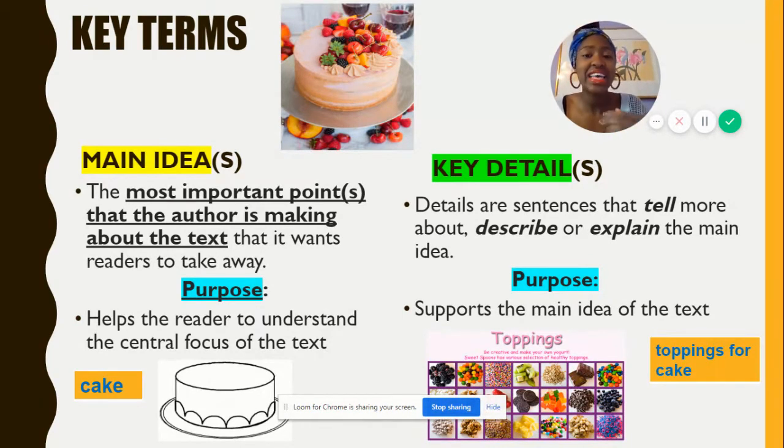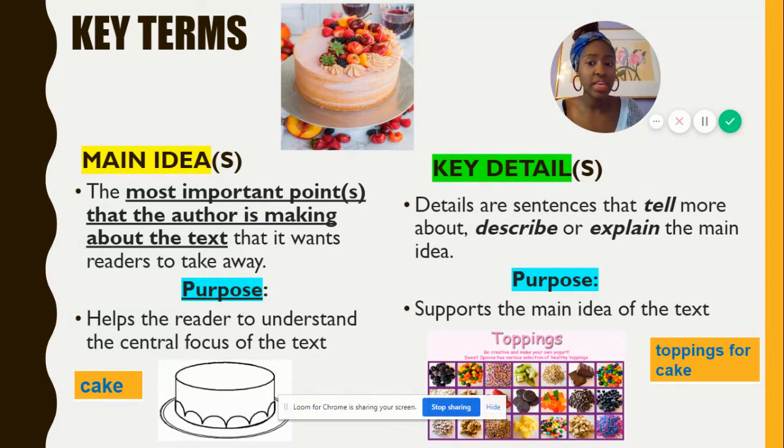A main idea is the most important points that the author is making about the text that us as the reader should take away. Because there's so many different sentences and ideas and details that are explained. But what is the most important that the author wants us to take away from the text?